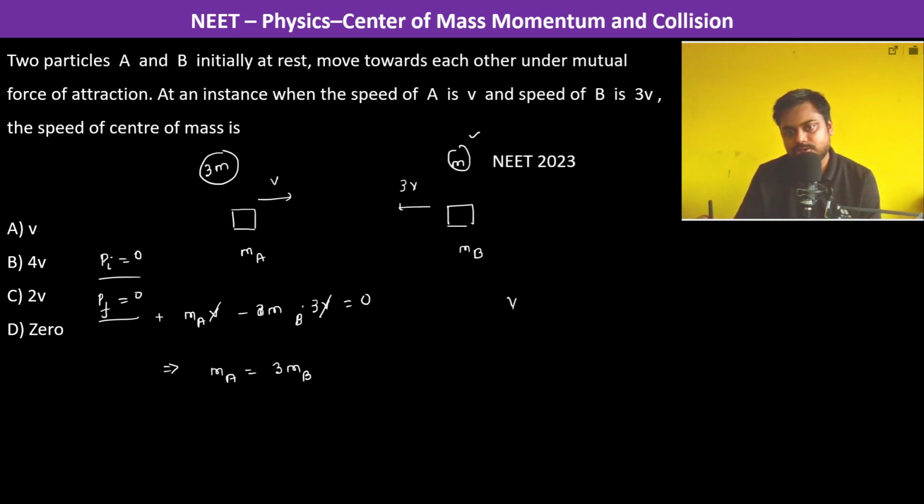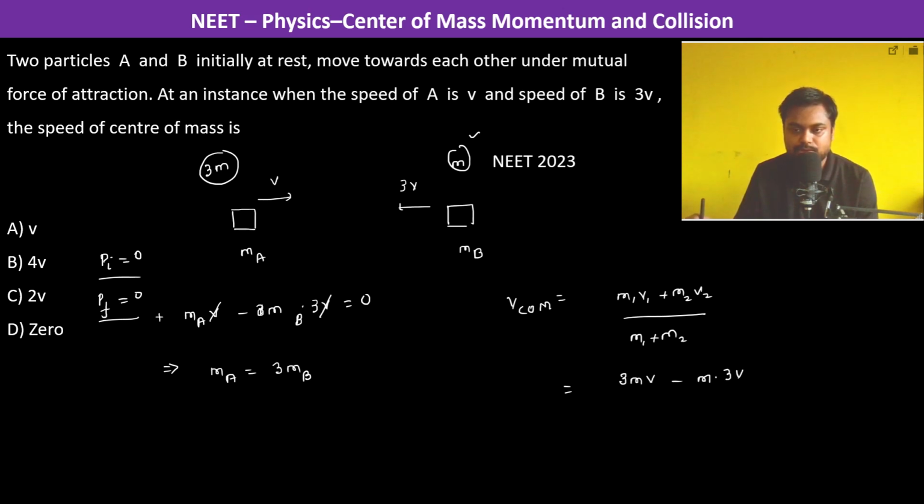Now the velocity of the center of mass is equal to m1 v1 plus m2 v2 divided by m1 plus m2, which is equal to 3m into v minus m into 3v divided by m1 plus m2, which is 4m.